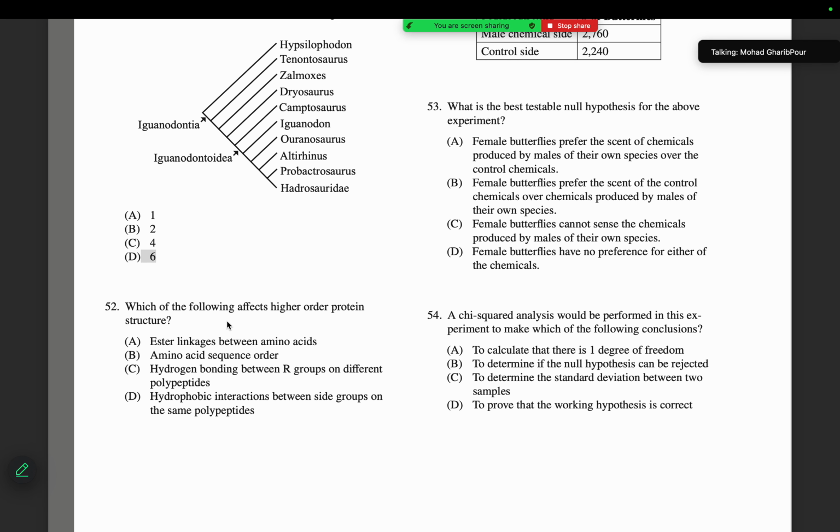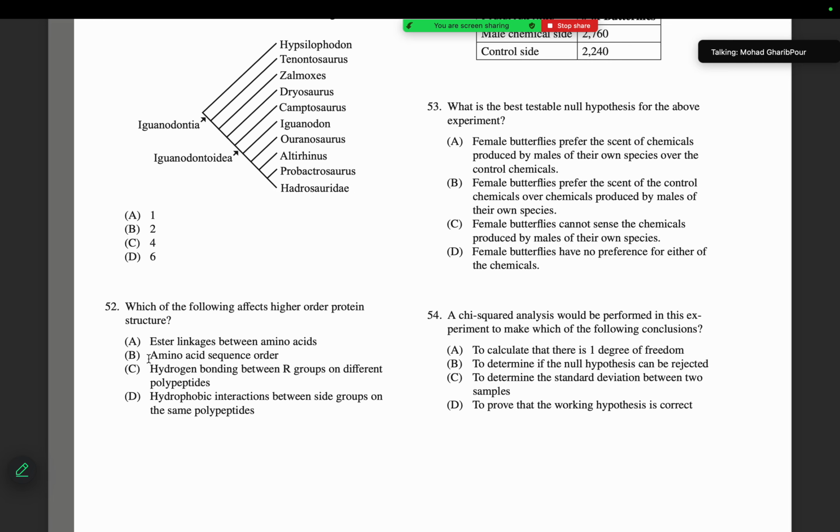52. Which of the following affects higher order protein structure? Ester linkages between amino acids. Amino acids are not joined by ester linkages. Those are fatty acids, so that's wrong.